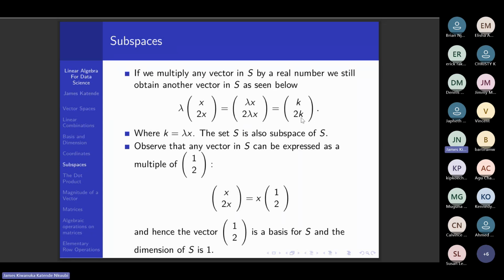Again, you still end up with a vector in the same set because the only requirement is that the second slot will be twice the first slot. We still get that when we multiply by a scalar. So those two properties hold, and therefore we can conclude that this subset of R2 is a subspace.